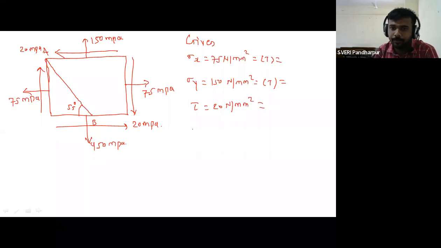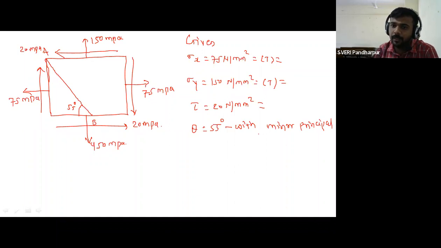Theta is given 55 degree with minor principal plane. Therefore, theta is equal to, this is 90 degree, correct?